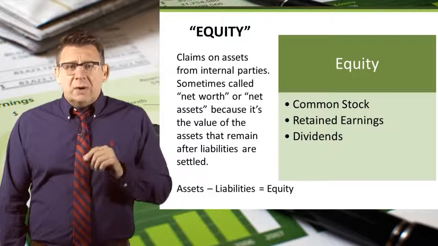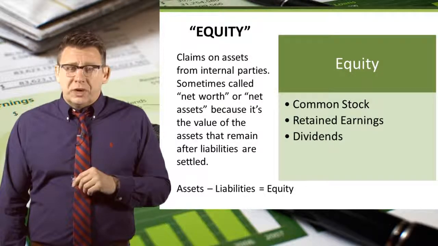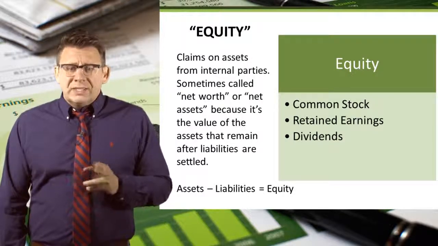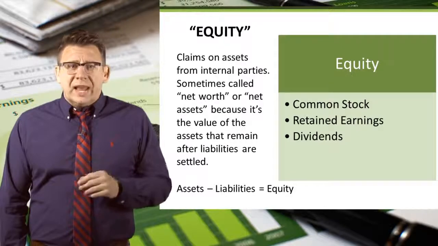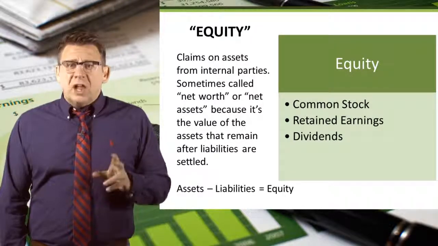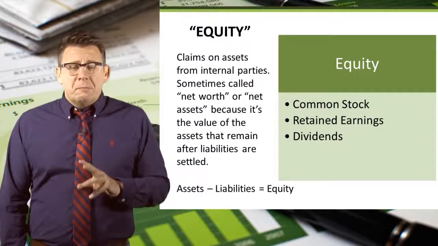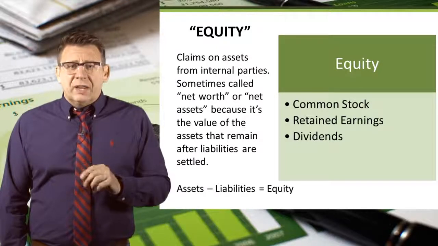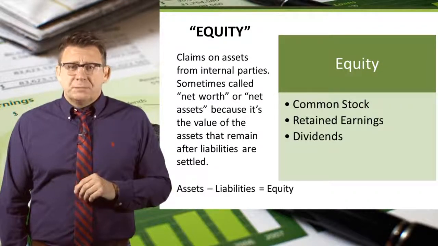Equity is the claim on assets from internal parties like owners. It is sometimes called net worth or net assets because it's the value of the asset that remains after our liabilities are paid off or settled.